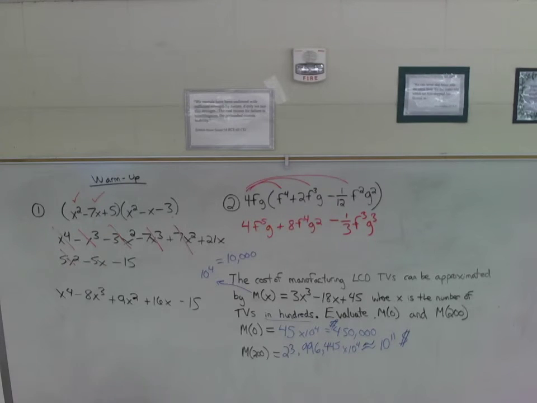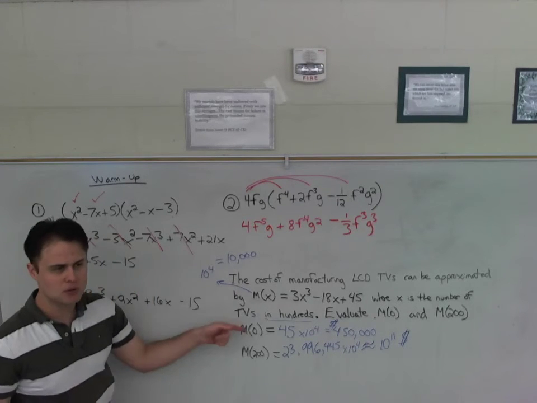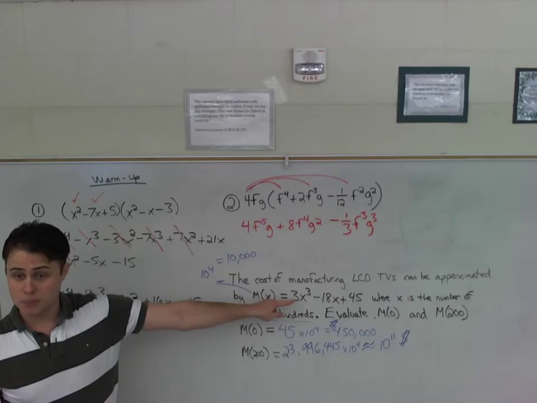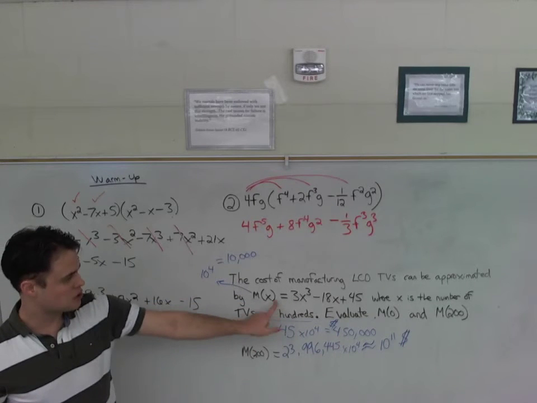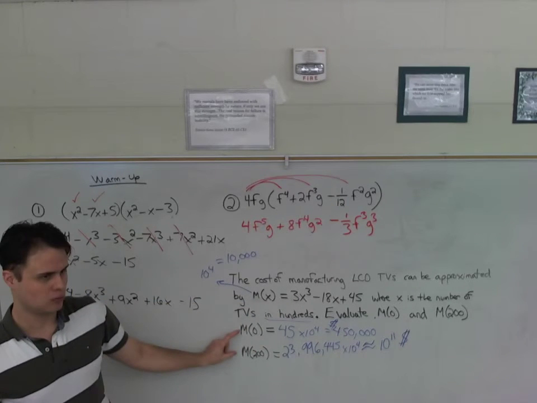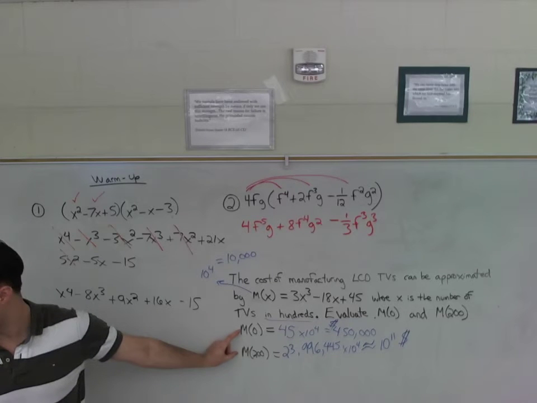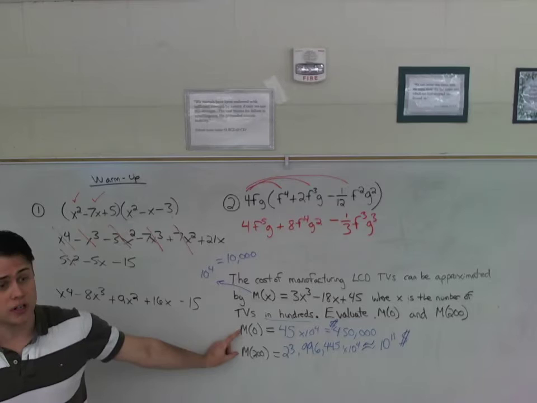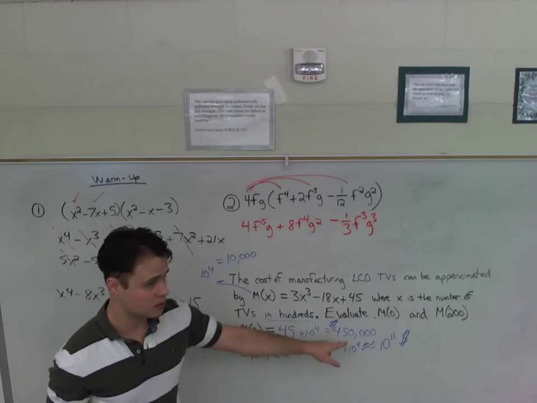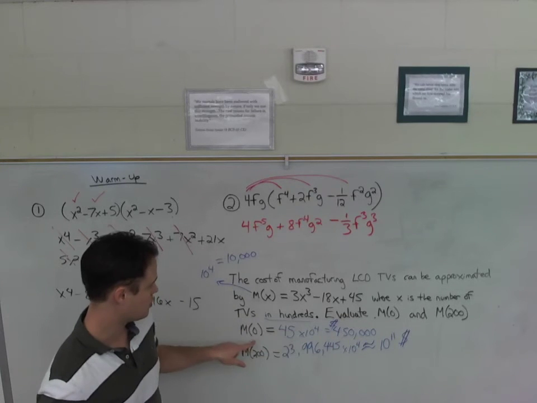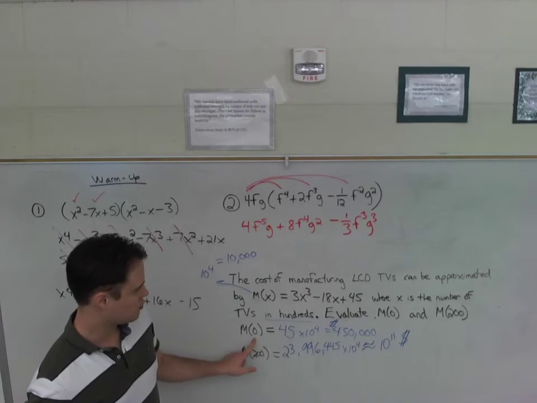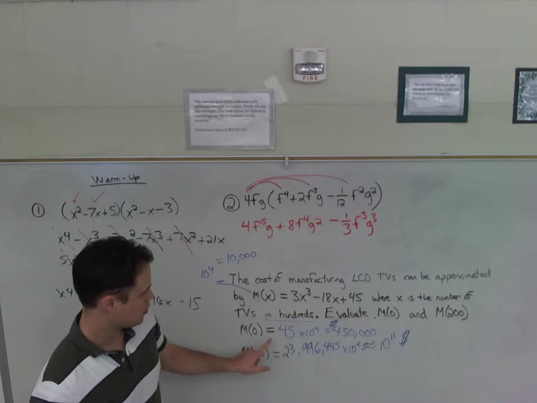So the key on those, you guys have a couple problems where it just says, here's a polynomial, make a couple predictions. That's going to be really easy. The key you're going to focus on is how to predict what that is. So you're going to write me a little sentence that says, for 0, the cost of manufacturing that many TVs was 45.